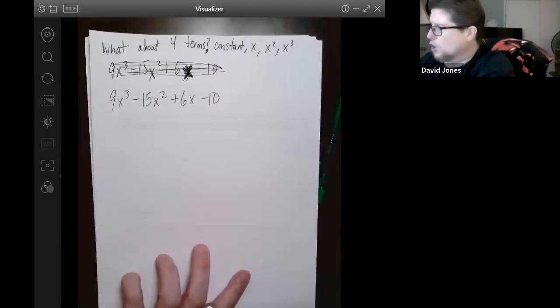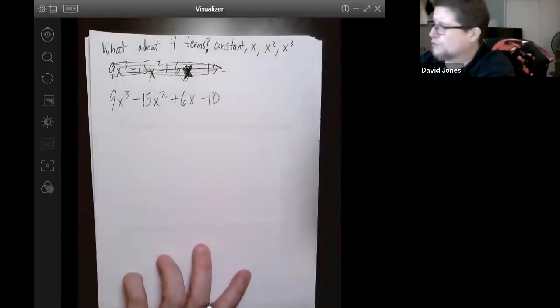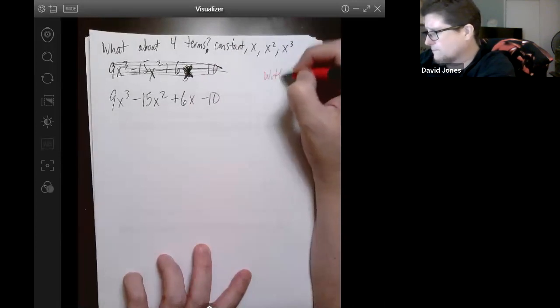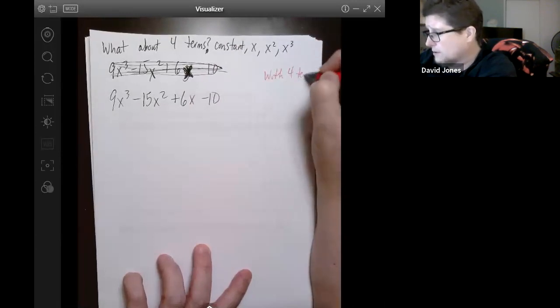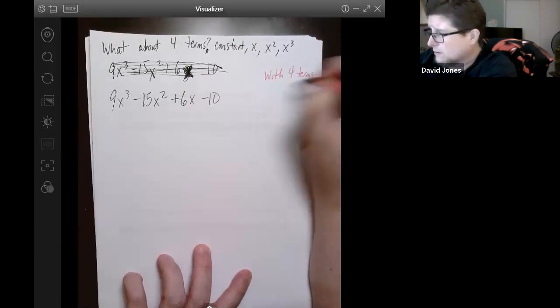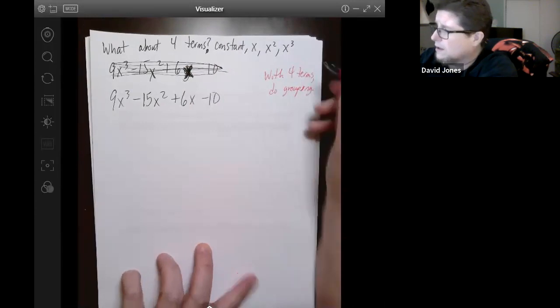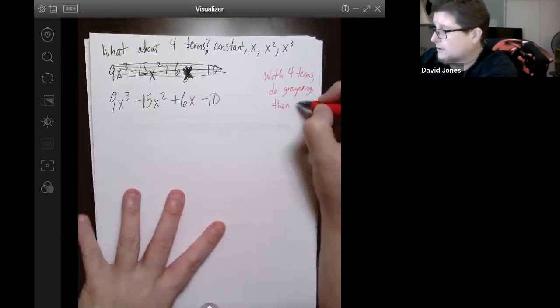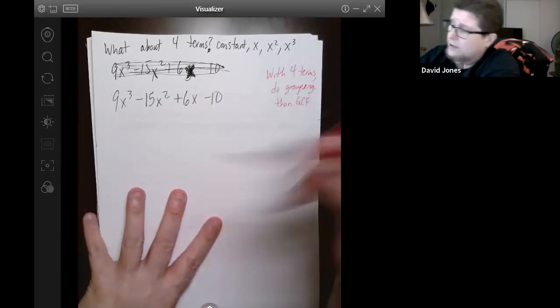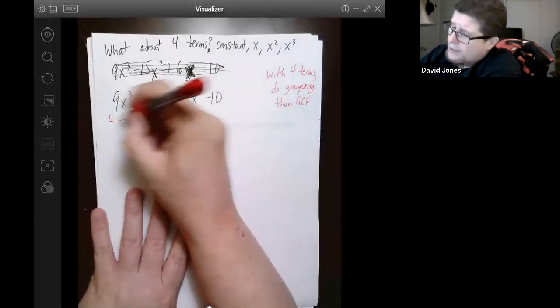All right, so with 4 terms, do grouping. Then GCF. So I'm going to try grouping these 2 together.